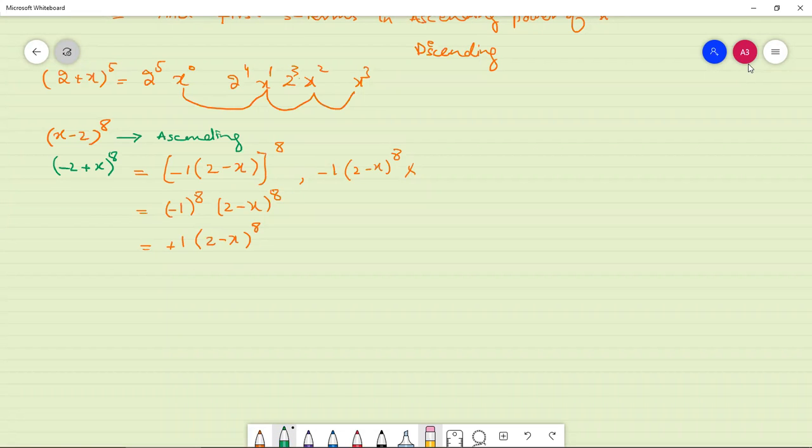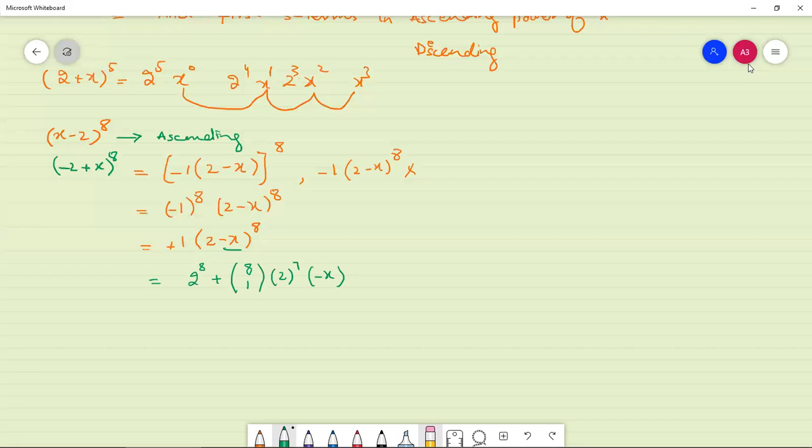So when we open this expression, look at this: we start from 2 power 8, then plus. First write 8c1, then 2 power 7 and minus x, because now this is a negative x. This negative sign, we shift with x.